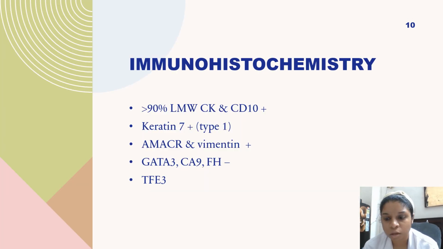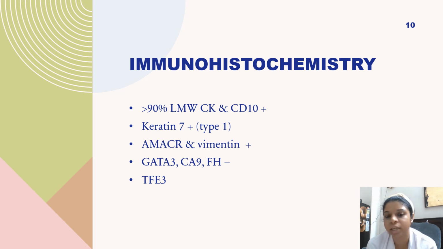Immunohistochemistry wise, more than 90 percent of papillary RCC show low molecular weight cytokeratin, and they also show CD10 positivity. Most of the type 1, which was previously type 1 papillary RCC, show keratin 7 positivity. Most of the tumors show AMACR as well as vimentin positivity, and other IHCs which we use, like GATA3 and carbonic anhydrase 9, which are urothelial markers, are negative.